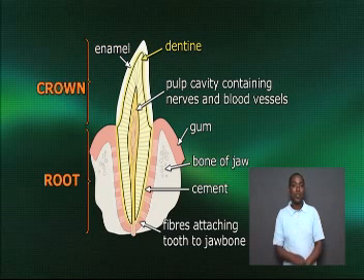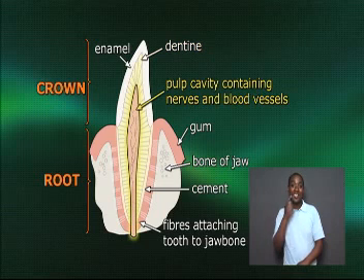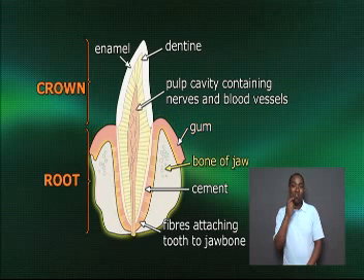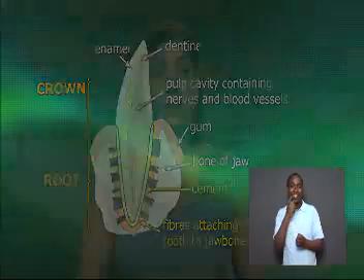Dentin is located under the enamel. Pulp cavity is the center of the tooth. The gums are the soft tissue lining the jaw bone. Fibrous cement is the material that holds the tooth in place.